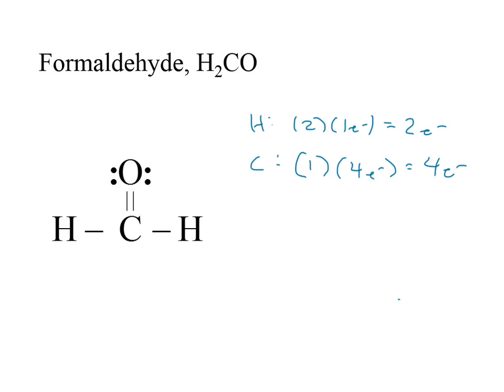That's how many valence electrons it has. Oxygen, there's 1 oxygen atom. Oxygen is a 6A. So I'm getting 12. Remember how you count these: I've got 2, 4, 6, 8, 10, 12. That looks good to me.